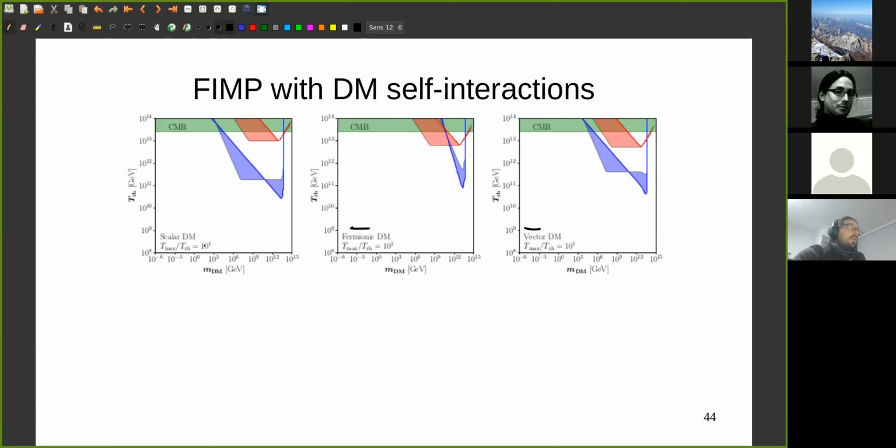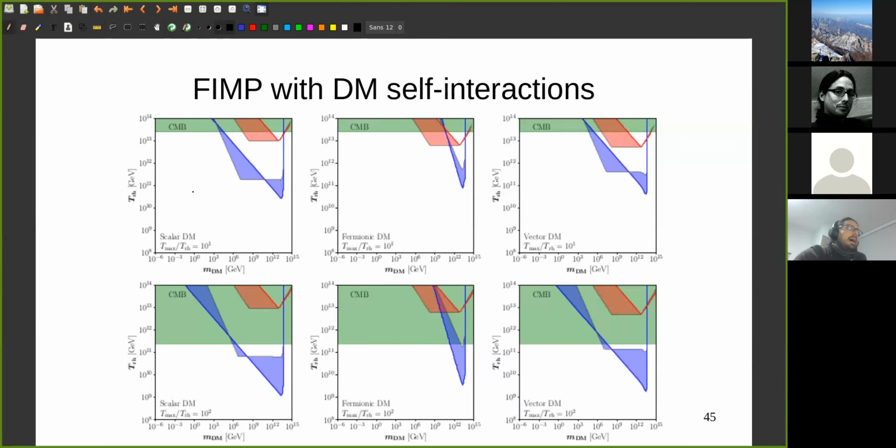This was done for a ratio of temperatures T max over T reheating of 10. I'm just showing you more plots. This corresponds to the case where the ratio of temperatures is 100. And I forgot to tell you that this green band corresponds to the region that is in conflict with the inflationary scale.